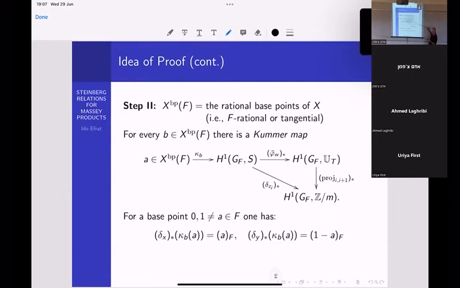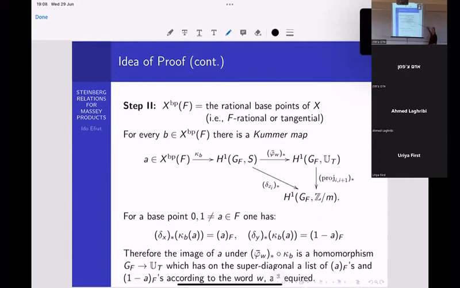So A goes down the edge of a row and lands you here, which gives you a continuous homomorphism from the absolute Galois group to UT. Now, if you look at what happens to the elements A and 1 minus A, you get precisely the order that you want. So this is what we want to prove.